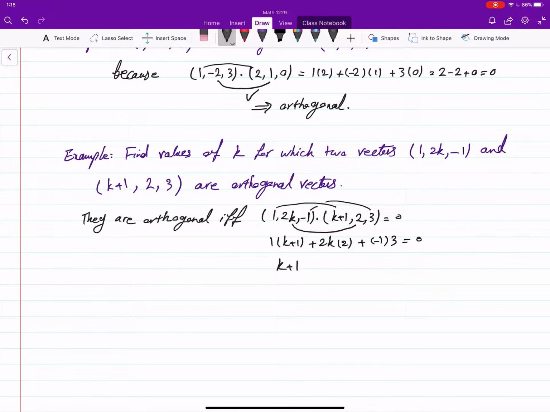This is k plus 1 plus 4k minus 3 needs to be equal to 0. So then we have this equation: 5k minus 2 needs to be equal to 0. So you can find the value of k which makes this 0. It means that if you isolate k, it is going to be 2 over 5. And that is the value which makes the two given vectors orthogonal.